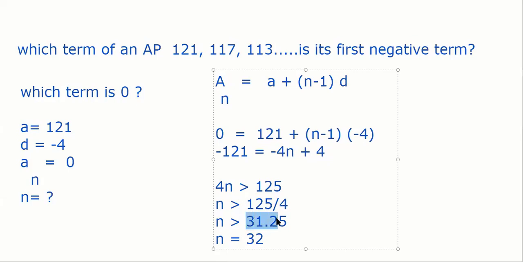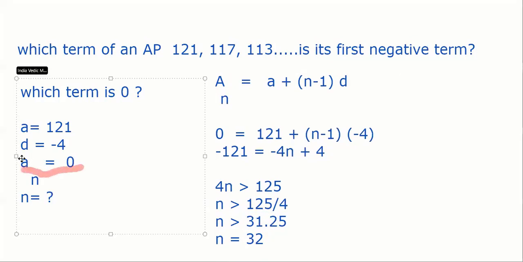Why did we do this? Our whole objective is finding the first negative term. Not a is 0, but an is 0. So what we're trying to find out is which term is negative. Before finding the negative term, we find which term is 0, because negative will come only after 0. So say the nth term is 0, and with that we solve for n.